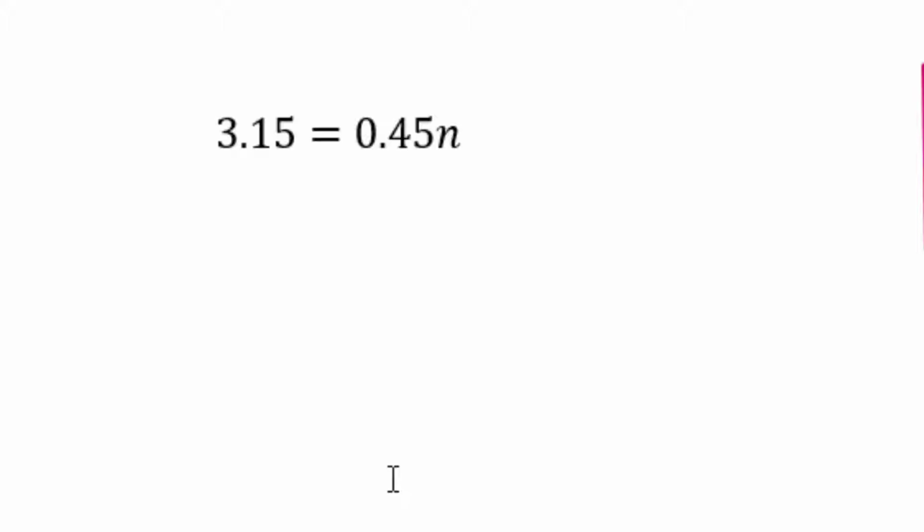Let's identify our coefficient. Our coefficient is 0.45. Okay. 0.45 times n. So I'm going to find the value of n. In this case, all I have to do is divide both sides by 0.45. So I have, let me see, let's get a pencil here. 3.15 equals 0.45n.